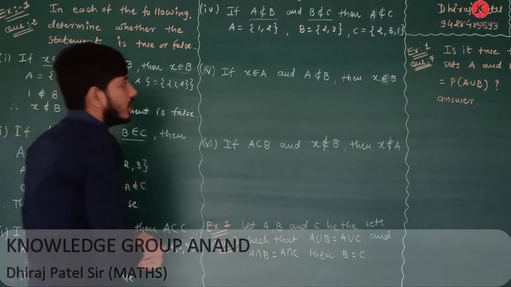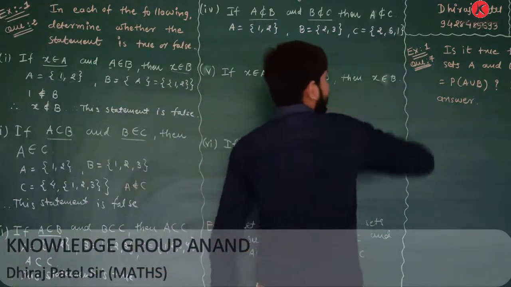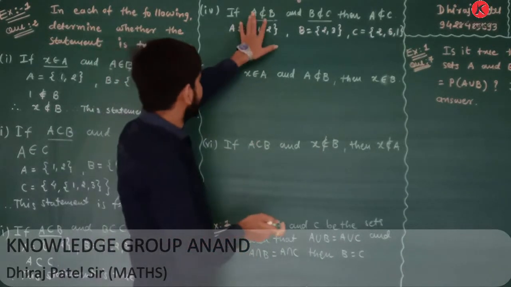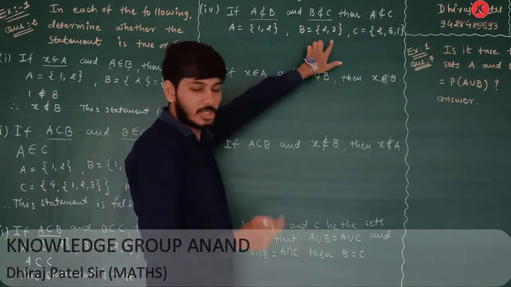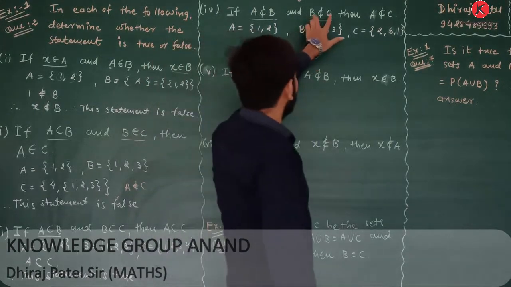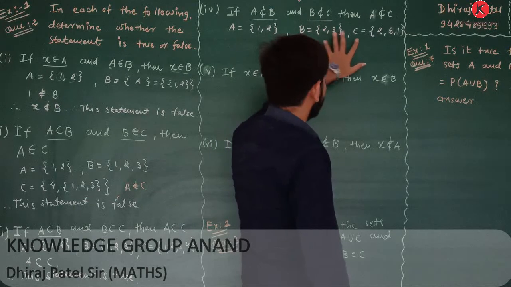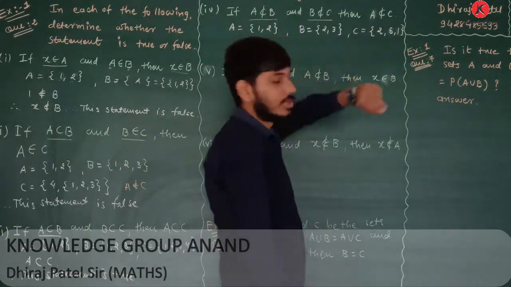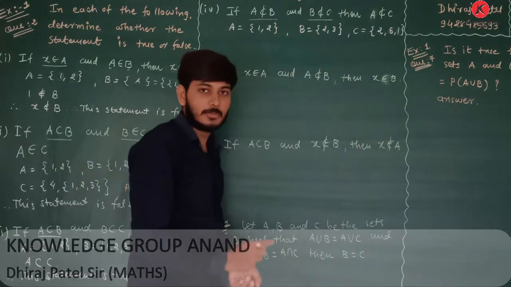If I had taken 1, if I am taking 1 instead of 6, then check it out. Okay, first condition satisfied. A is not a subset of B because all the elements of A are not in set B. B is not a subset of C. So B is not a subset of C, condition satisfied because 3 is not an element of C but is an element of B. Okay?